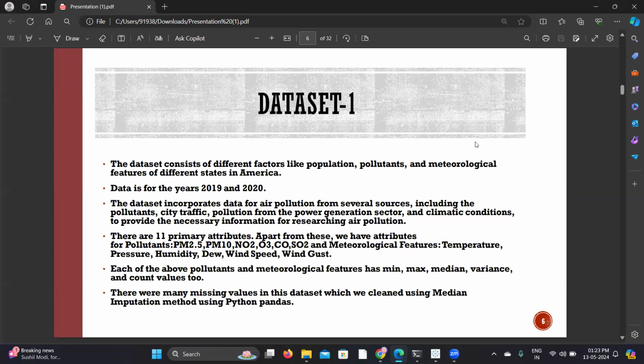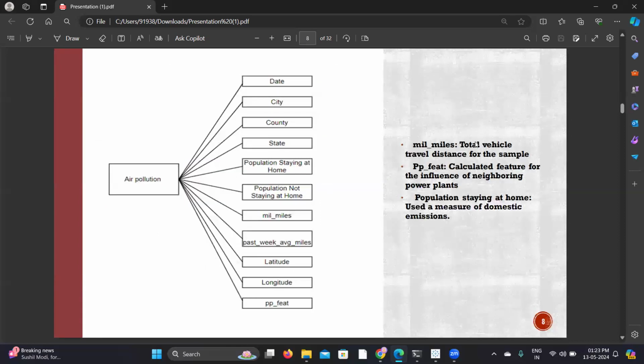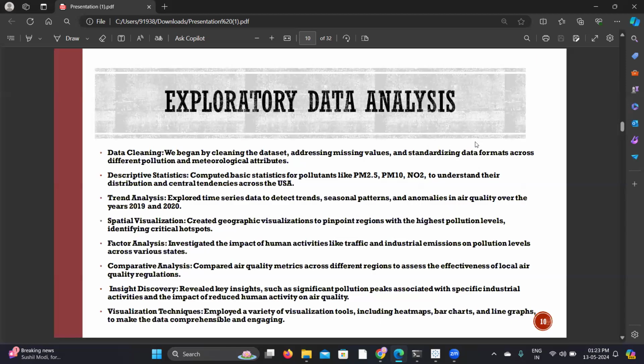Data set one consists of factors like pollutants and meteorological features of different states in America. Data set two consists of factors like AQI value, AQI category, and city name. There are no missing values in the data set. This is a flow diagram of all the factors we took from the data set.